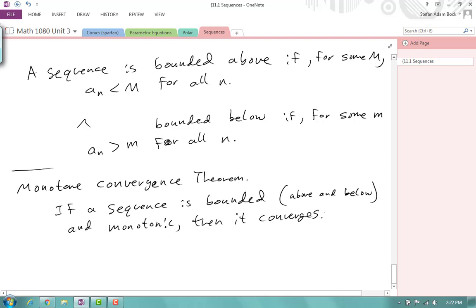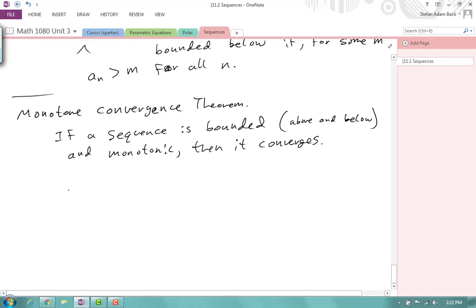Now, when I say just plain bounded, it means bounded above and below, but we have special cases of this. Because we don't need totally bounded, even though every sequence we deal with will end up being totally bounded. Increasing plus bounded above means convergent.